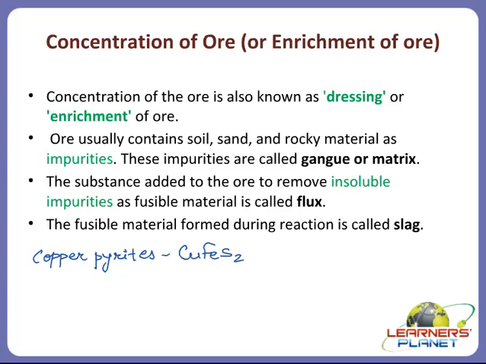Now students, here after oxidizing it, there is the impurity of iron oxide. Now how can we remove this ferrous oxide? There's no direct method. So what is done is, to this some silica is added. So to your FeO, some silica is added, that is SiO2.